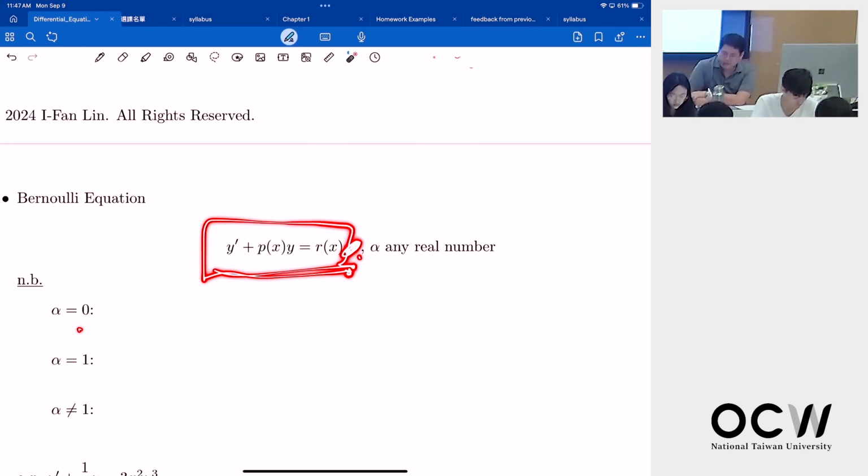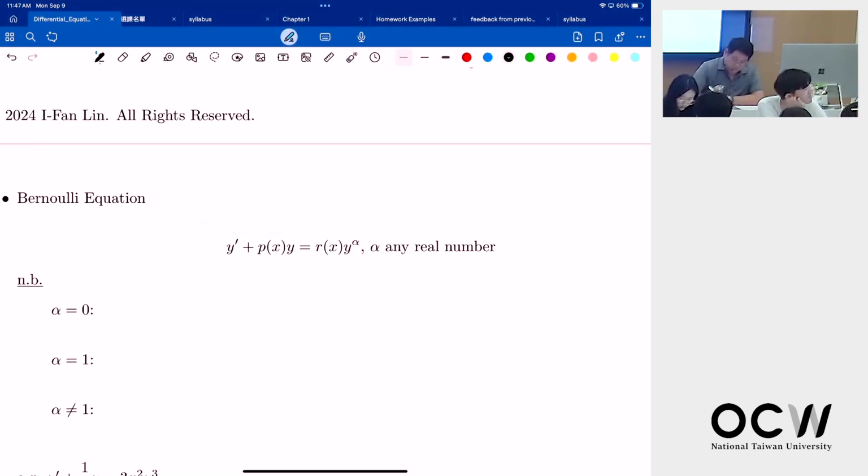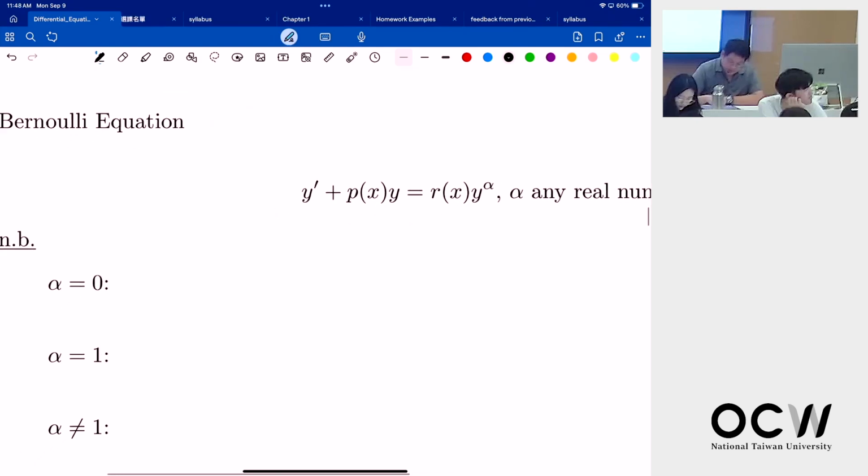What type of differential equation is it? Separable, linear, exact, or even homogeneous? Linear, right? So if it is linear, then you need to find the integrating factor. So when alpha equals 0, this is linear.